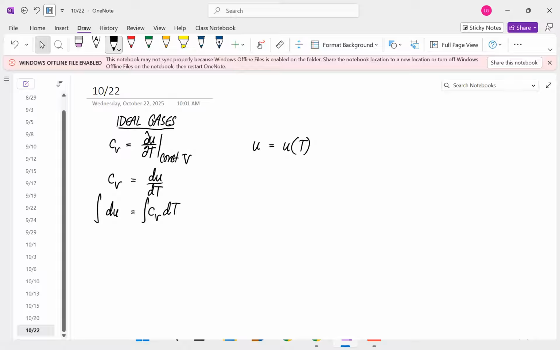So now that I think about it, if you're doing this fully as an ideal gas, you don't have to look up the enthalpy, because you can use this fact.